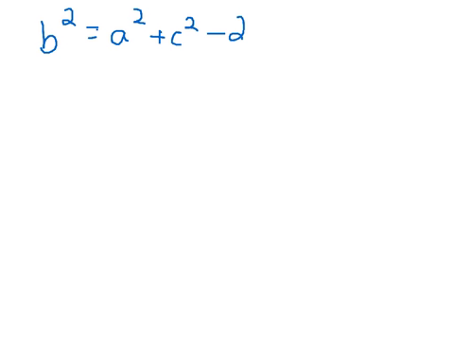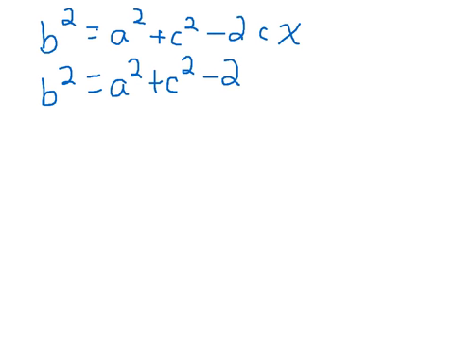I'll get that right yet. So I can substitute in for x. I've got b squared is equal to a squared plus c squared minus 2, and then the x portion, remember when we simplified that, that was equal to a times the cosine of B. So I'm going to write a times c times the cosine of B. I'll keep my variables in alphabetical order here. So there you have it.